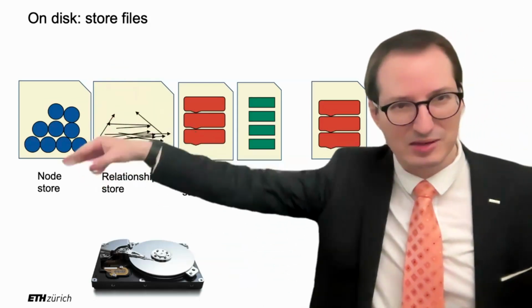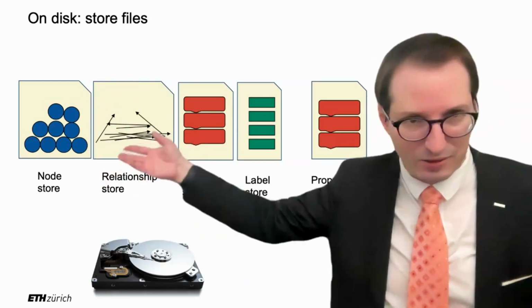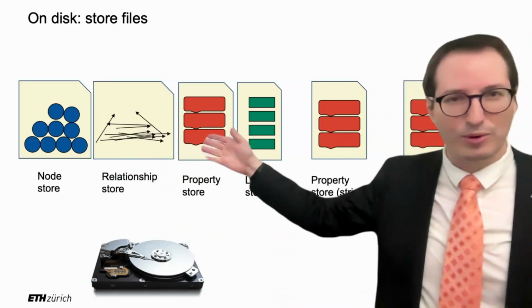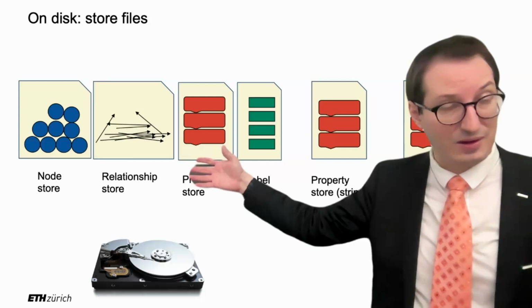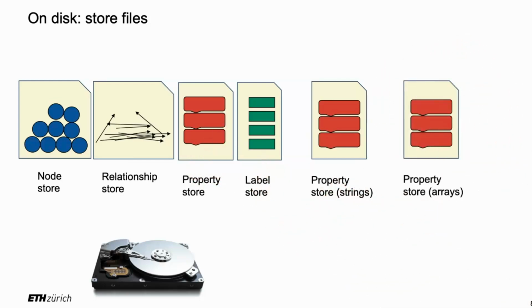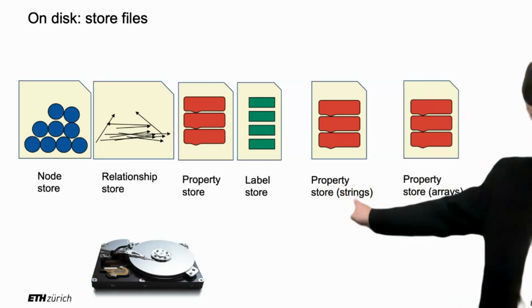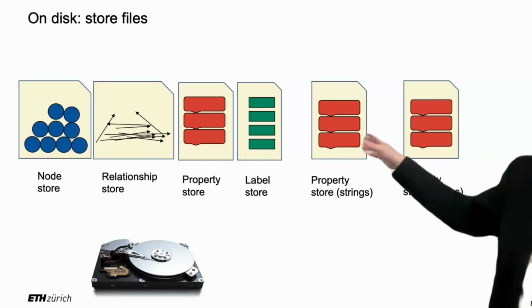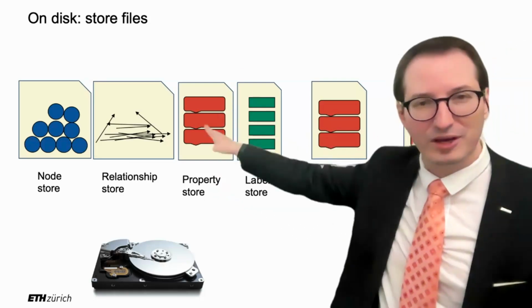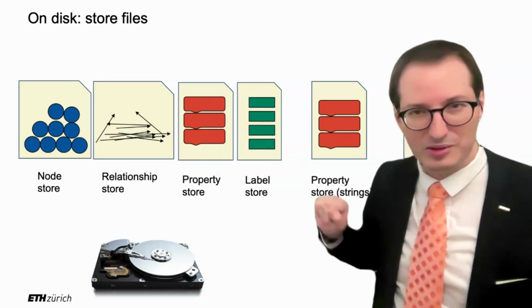It's a bunch of files that just store the nodes, and then a bunch of files that store the edges, the relationships, and then a bunch of files that store the properties that the nodes and edges have, except the strings and the arrays. So these are the homogeneous lists of atomic values, and these are the strings. These are handled separately because they can actually be very dynamic in size. But all the other atomic values, the properties, are in the same file.